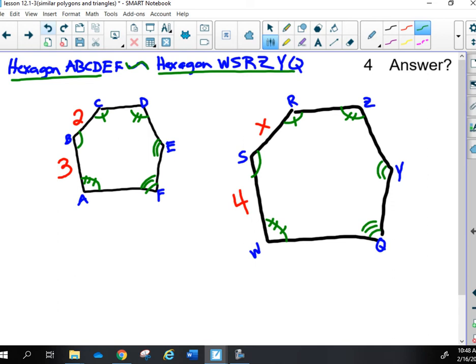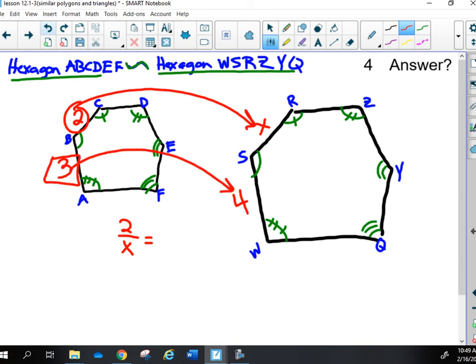But the other thing that's true is that the sides are going to be proportional to one another. So if I have proportionality, that means 2 has to be proportional to x as 3 is proportional to 4. Cross multiply, and I come up with 3x equals 2 times 4. 3x equals 8.